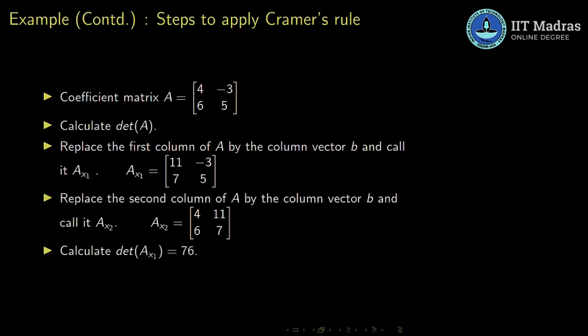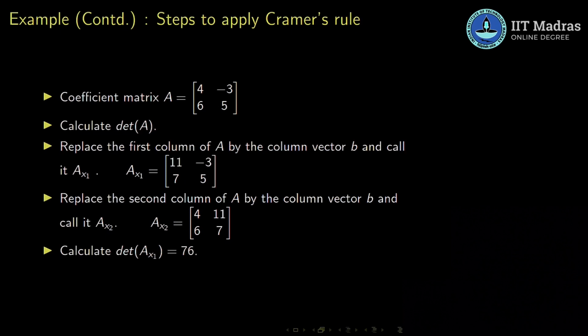Replace the second column of A by the column vector B and call it A subscript x2. We are doing the same thing for the second column. Now the first column is the same as the first column of A, and the second column is replaced by 11, 7. So, we get 4, 11, 6, 7, that is A subscript x2.